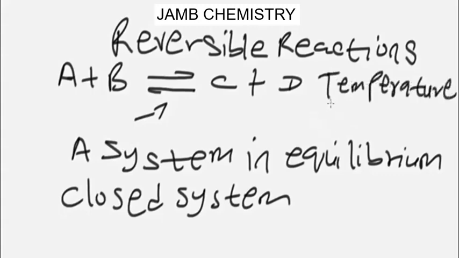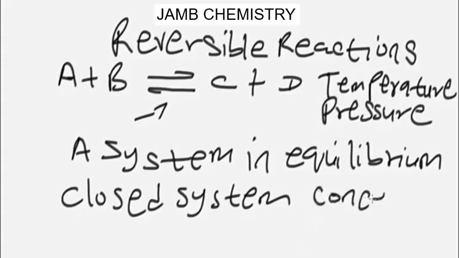It also depends on pressure, and it also depends on the concentration of the reactants and products. We look into these conditions of equilibrium in detail when we get to Le Chatelier's principle. But for this video, know that the position of equilibrium depends on temperature, pressure, and concentration of the reactants and products.